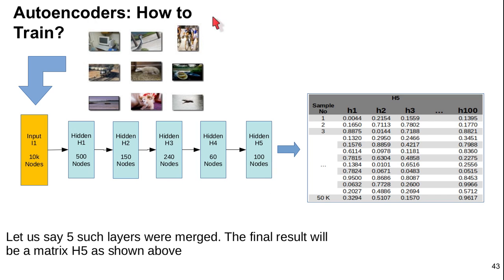If we pass our dataset of images through the input layer, the result that we obtain at the hidden layer H5 would be 100 features long. So for instance, for the first image, we would get a feature vector that has 100 features, or rather 100 floating point numbers. Similarly, for image 2, you would get another feature vector having 100 features, and so on for our entire data set.